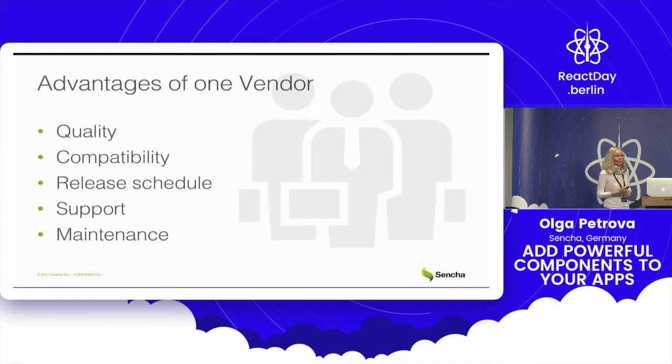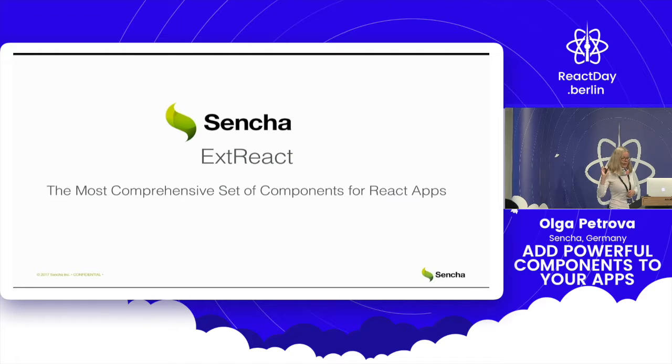And a fixed release schedule is also another advantage. It will not happen that one component supports only the latest version of React and another component that you need to use doesn't support it yet. And enterprise level of maintenance and support is another question.